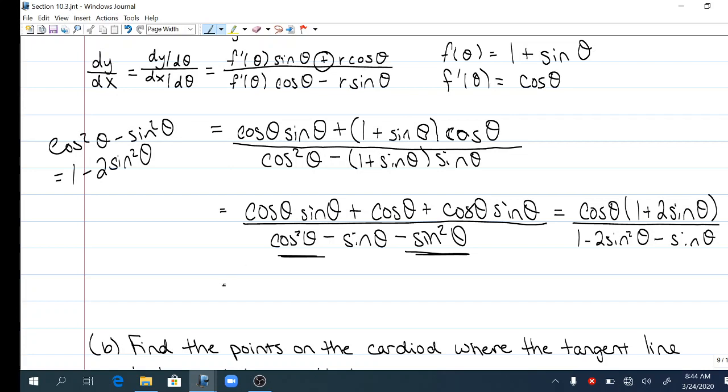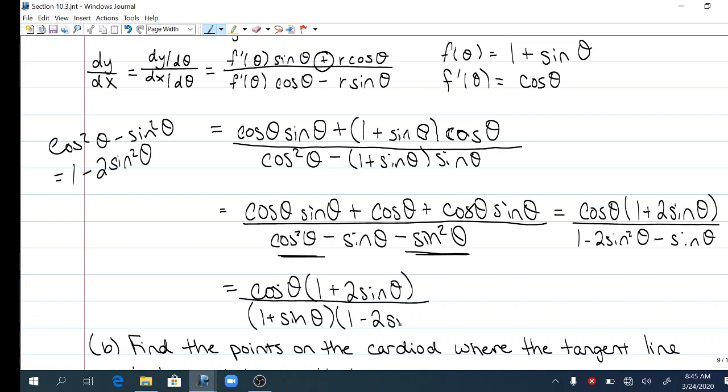So now, if I factor my denominator, my numerator will remain unchanged for now, cosine theta times the quantity 1 plus 2 sine theta. Factoring the denominator, I get the quantity 1 plus sine theta times the quantity 1 minus 2 sine theta.